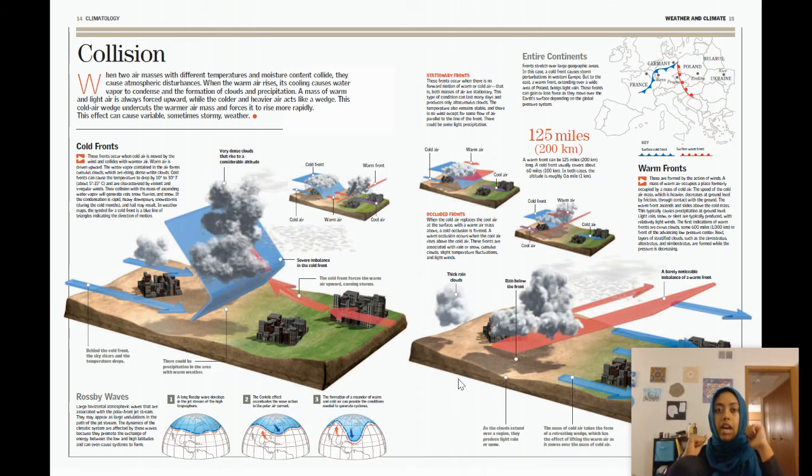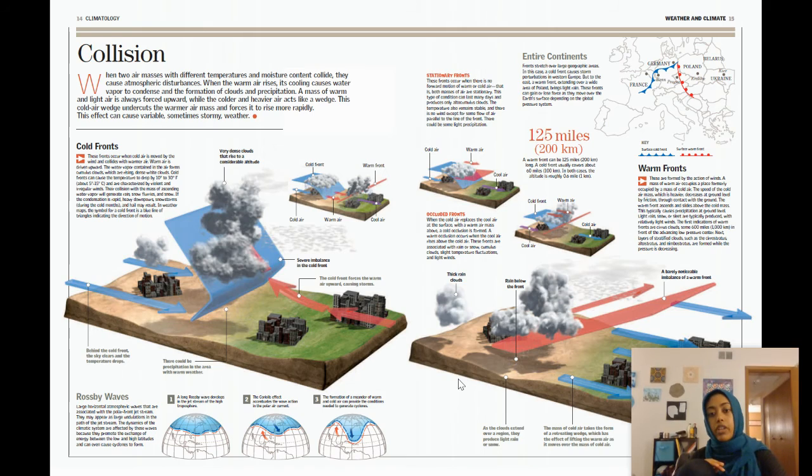We are thinking about what happens when two air masses of different temperatures and moistures collide, and what happens as a result. So warm air rises, and then when it cools, it condenses and comes down. And that can force lighter air upward and colder and heavier air downward.